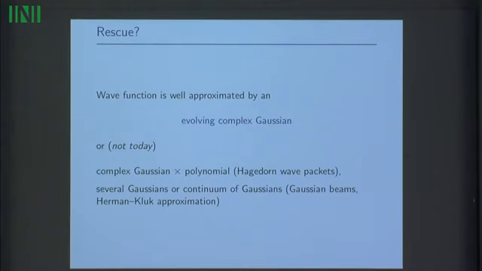So let's assume that our initial data is a Gaussian of this type, possibly with some oscillations in here. And then we want to evolve this in time in such a way that, as an approximation to our complicated, highly oscillatory, high-dimensional wave function, we just evolve a complex Gaussian. And this will have amazing properties.